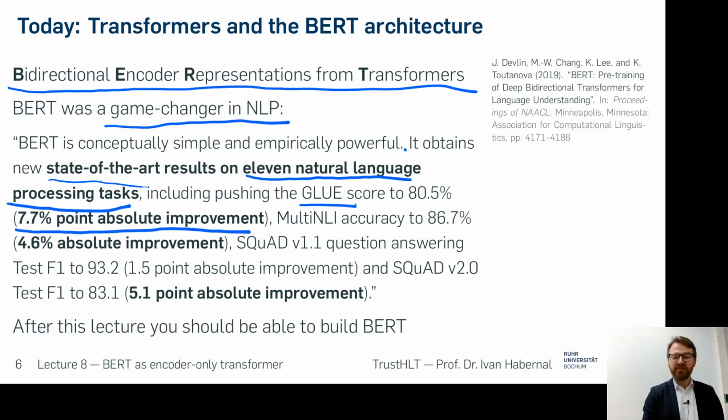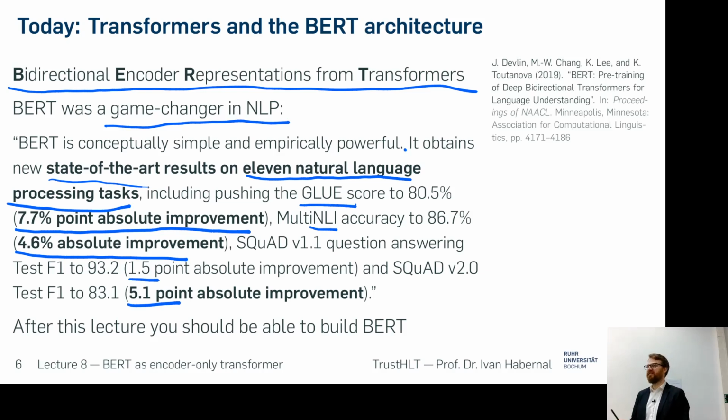At the same time, it's improving natural language inference accuracy by 5 absolute improvement points, question answering by 1.5 points, and question answering version 2 by 5 points. Wow. This is just one architecture which you could train, and it makes massive improvements on 11 data sets at once. This is a game changer.